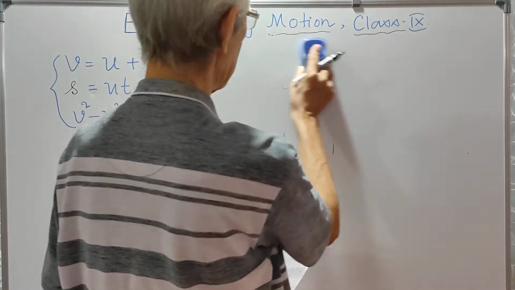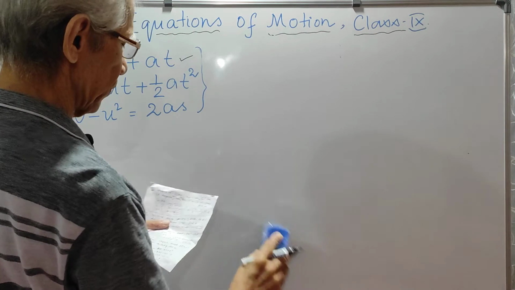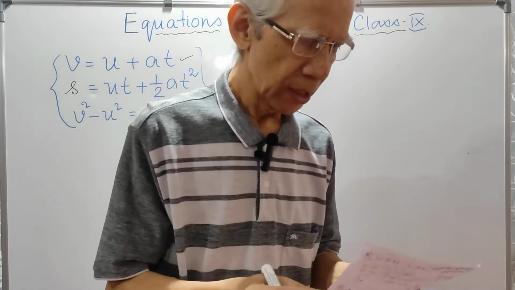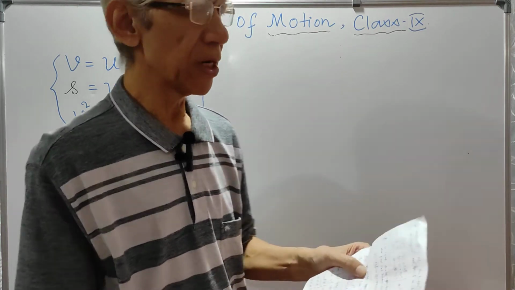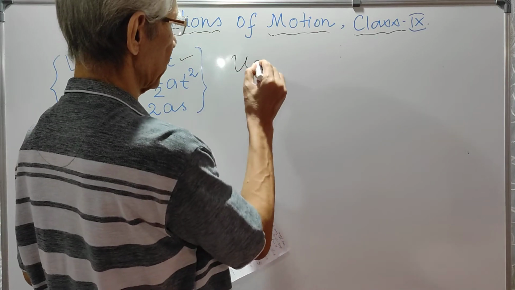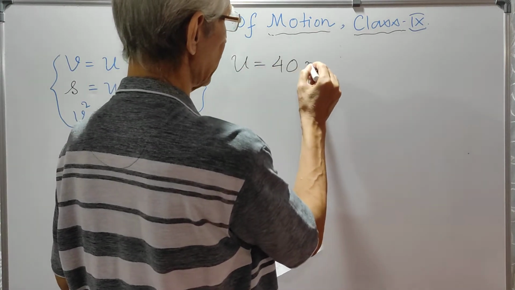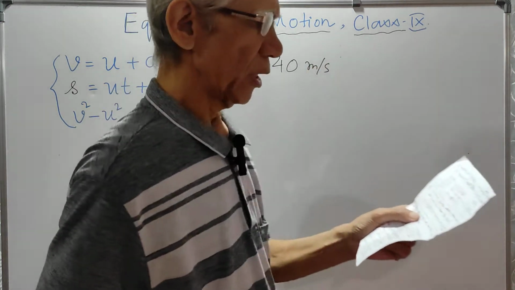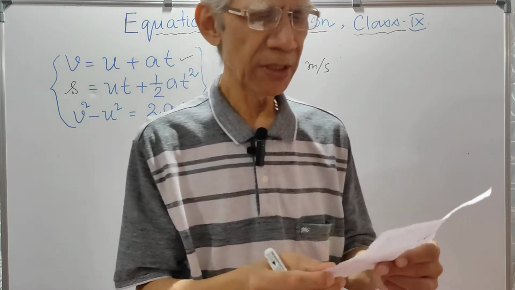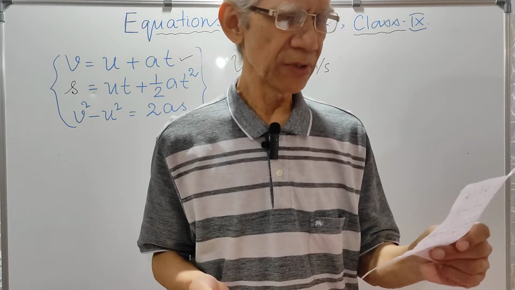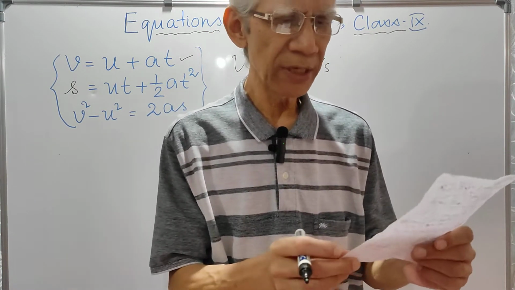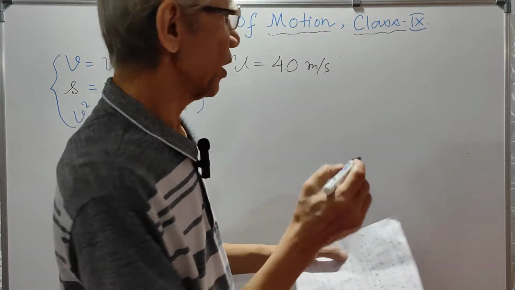Okay, now let us see another question. A body is moving with uniform velocity 40 meter per second. So that is u. So u equal to 40 meter per second. Then due to application of some constant external force, it acquires an acceleration of 5 meter per second square.